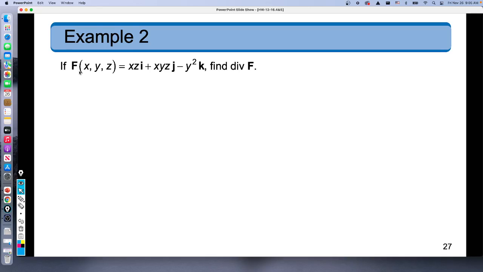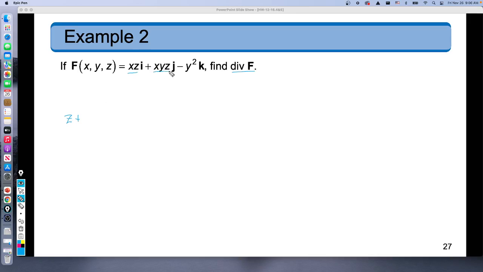Okay, so now this looks similar to, I think it is the same one we were using previously. And we're just going to be asked to find the divergence of f. And again, this is a little bit easier. We don't need as much mnemonics. We're going to take this first part and take its partial with respect to x. So the derivative of x is 1, z is just a constant, so we end up with z.